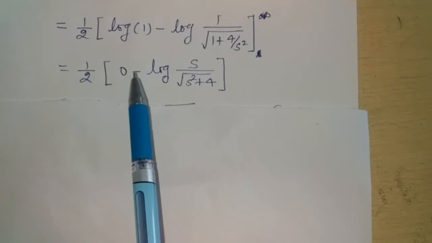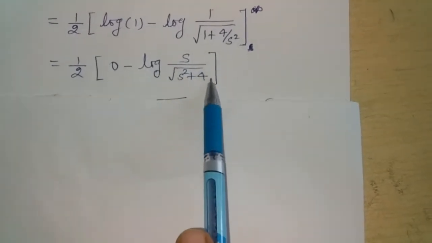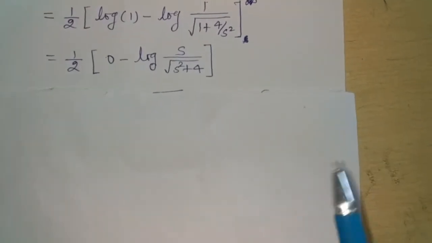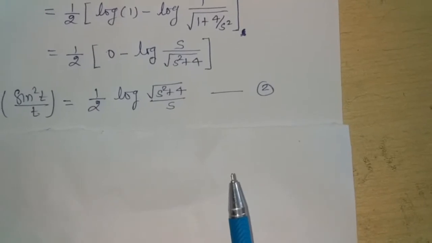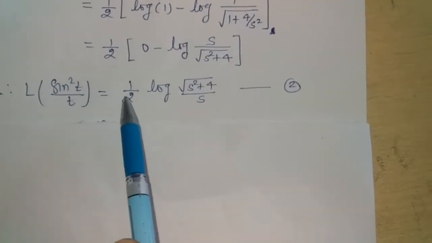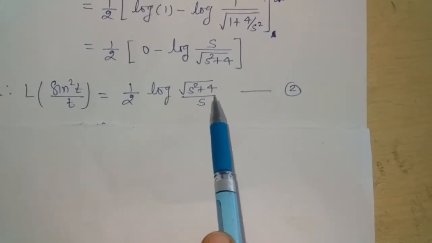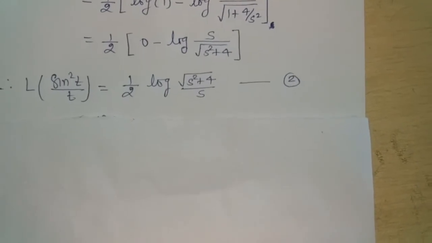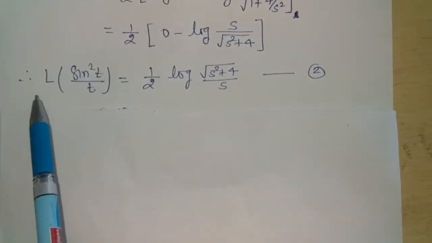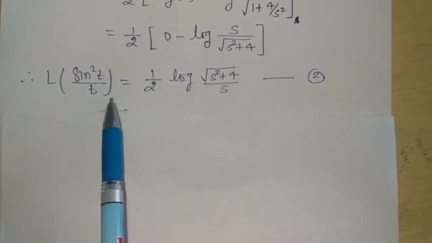Now this negative sign, using the property of log, goes in the power of this expression, and the negative power inverts this expression, and finally we get Laplace transform of sin square t by t is 1 by 2 log of square root of s square plus 4 by s. Now to evaluate the definite integral, in place of Laplace operator on the left hand side, we write Laplace integral.